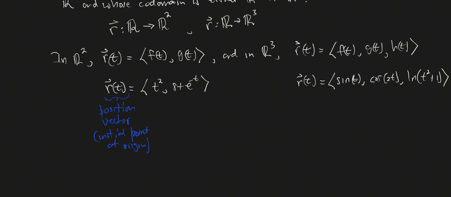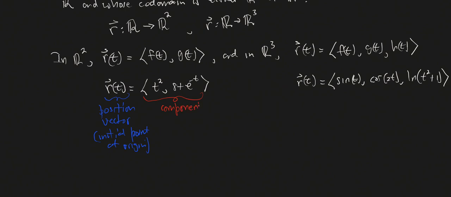Okay, so that's not up for negotiation, right? That's a given. So then the question is, what would the vector's terminal point be? The terminal point will be determined by the components of this vector after evaluating it at certain values of t, right? And this is true in both 2 and 3 dimensions.